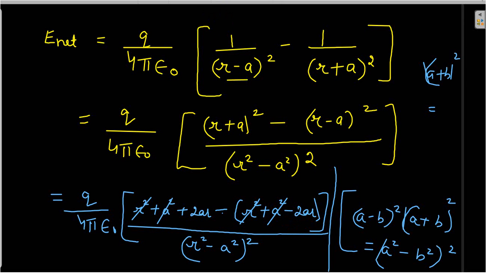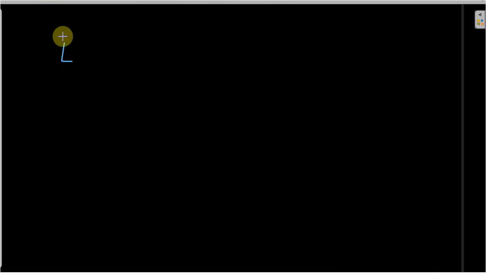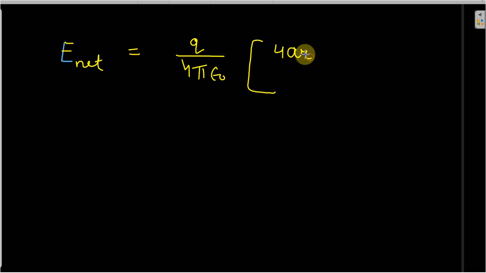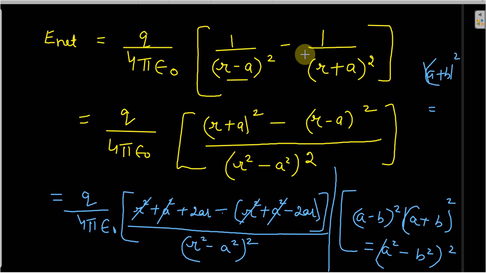So we will write the next step. So finally you will get the net electric field equal to Q by 4 pi epsilon naught, and after solving the internal bracket you will get 4AR, you can see the previous one.